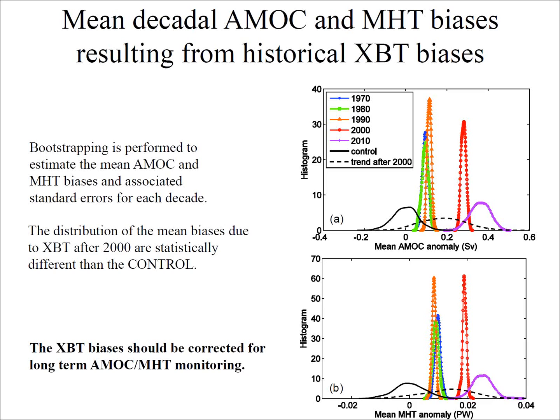So SODA doesn't give a statistically significant one either. It's very wide and overlaps with the control here. And the same for the heat transport. So we want to make a point that although this trend is small, over time, the trends associated with these biases can affect our detection of changes of the meridional overturning over time.